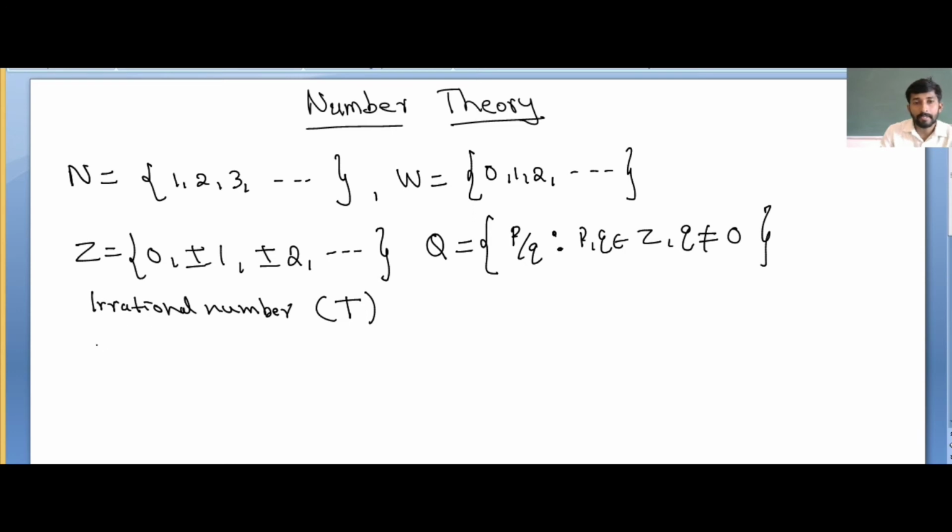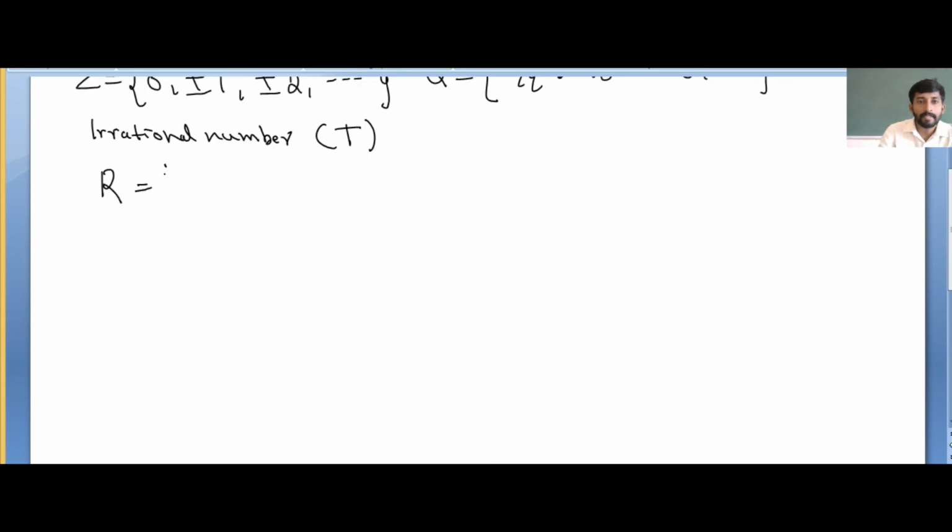The last number system is the real number system, denoted by capital letter R. The real number system contains all the number systems: natural numbers, whole numbers, integers, as well as rational numbers and irrational numbers.